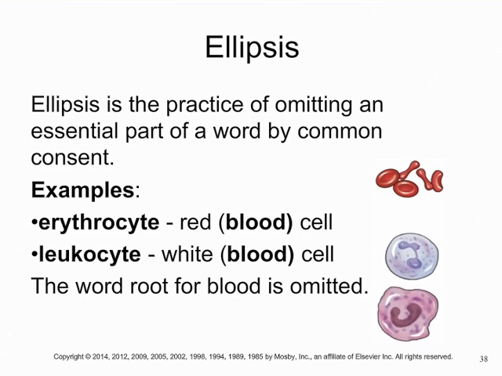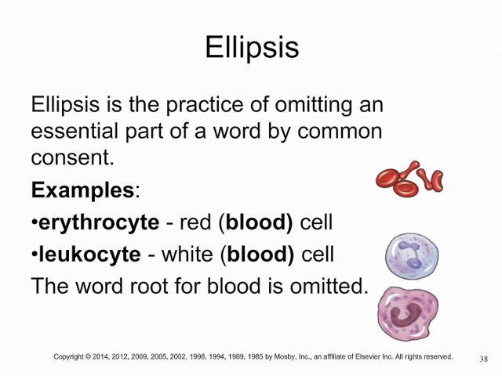Here I just want to draw your attention to what we're going to experience with a few words, and it's called ellipsis. And this just means that you take out part of the medical term because it's understood. You don't have to make the medical term even longer because we already know what they're talking about. For example, erythrocyte. It means red cell, but it's understood that it's a red blood cell.